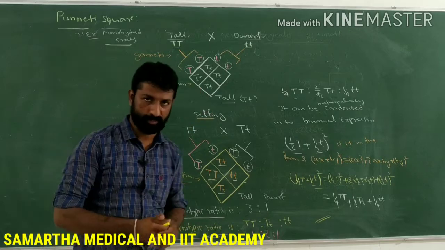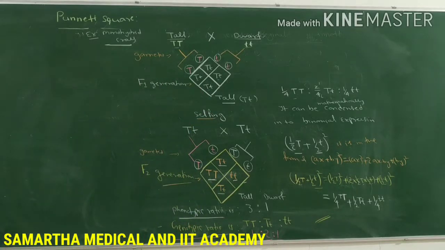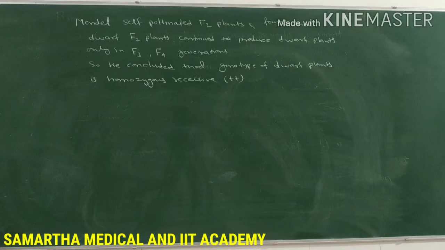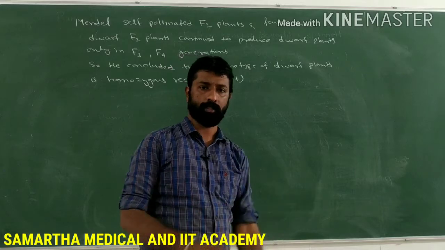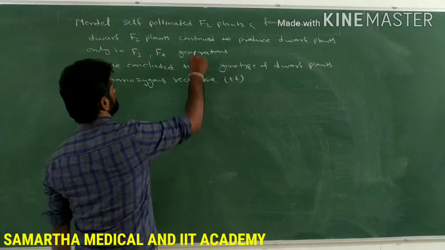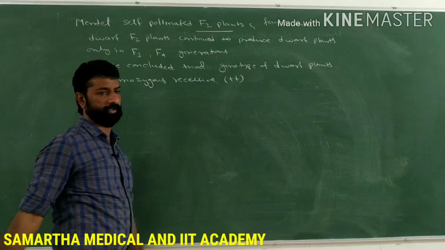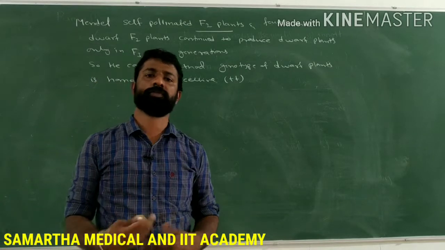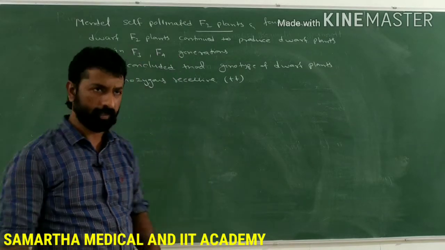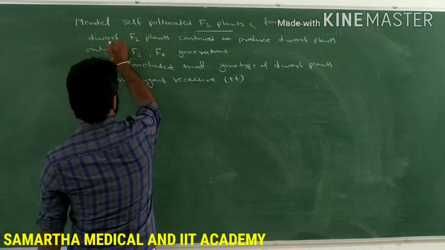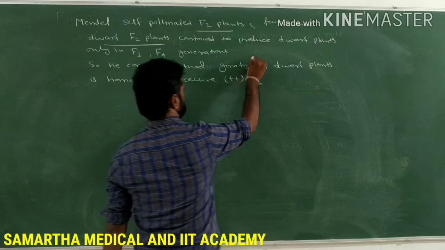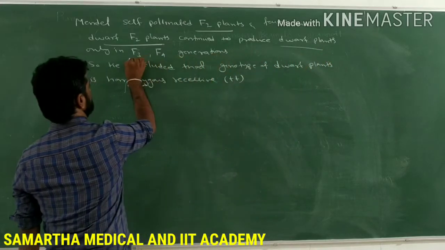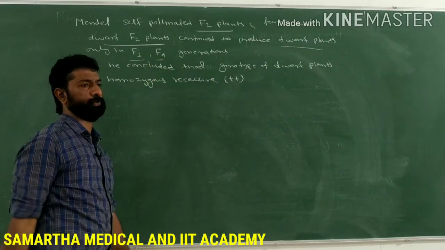Make a note of these points also now. Mendel didn't stop at the F2 generation during a cross, but he continued the self-pollination of the F2 plants. After the self-pollination of the F2 plants, he found that the dwarf plants in the F2 generation continued to produce dwarf plants only, even in F3 and then F4 generations.